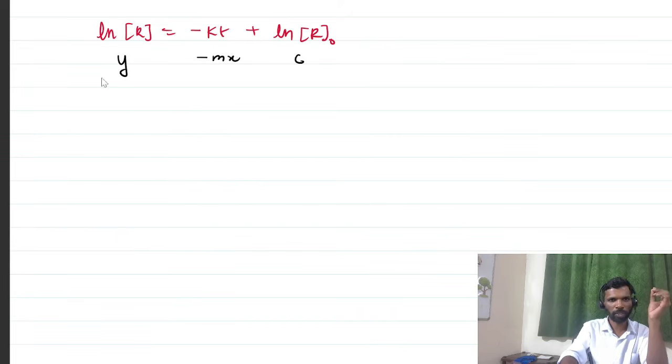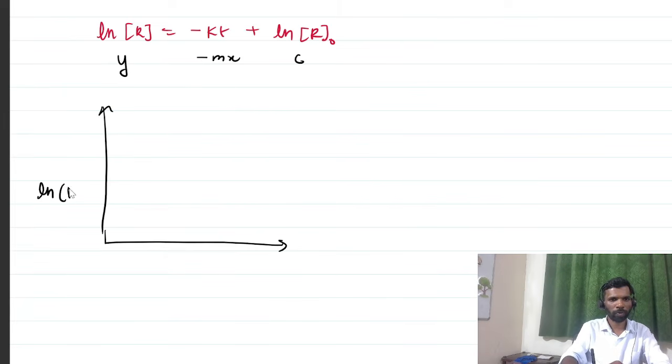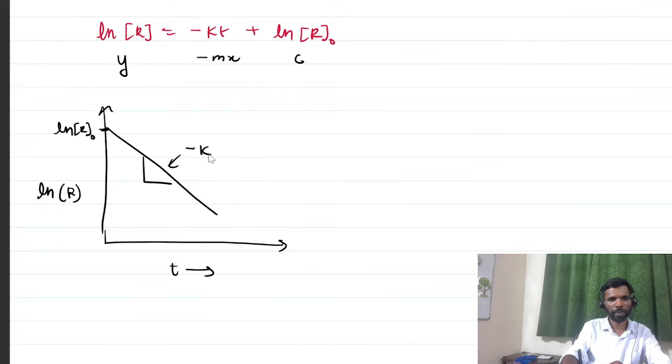If you plot this graph, it should be this way: ln of R on this axis, time on the other, and the intercept is ln of R0. Here the slope is minus K.